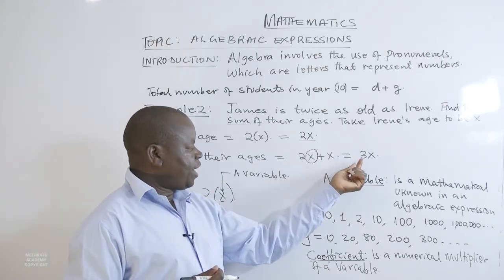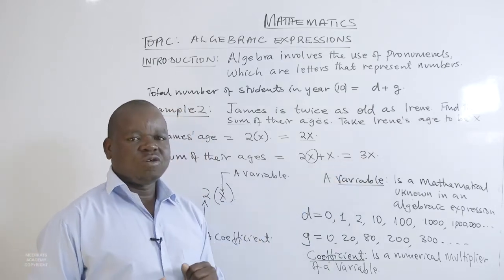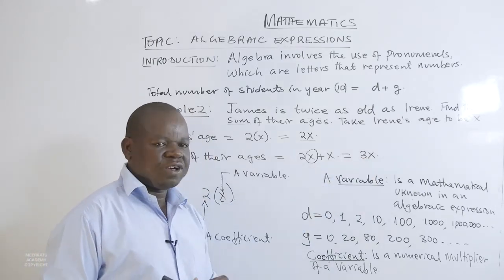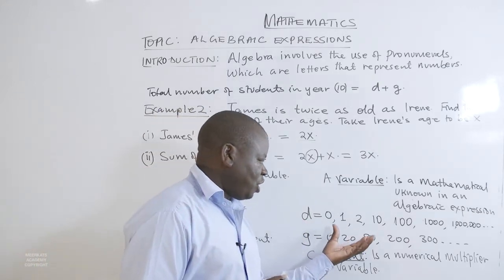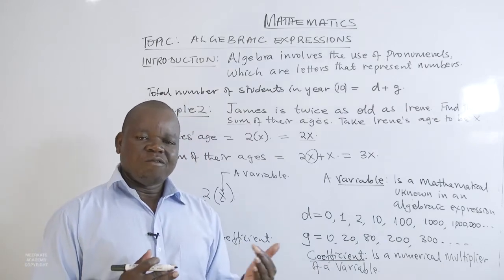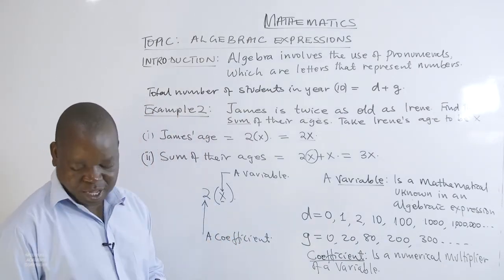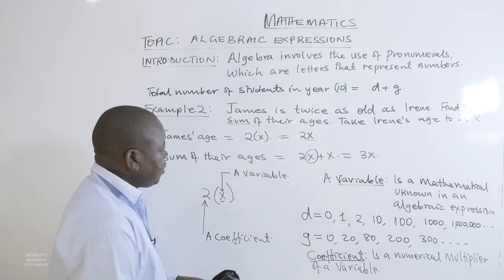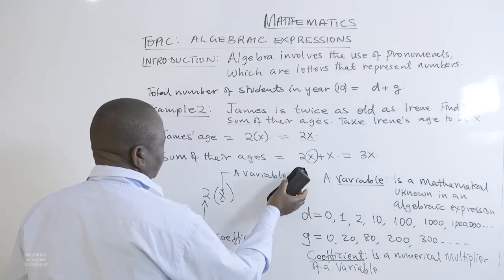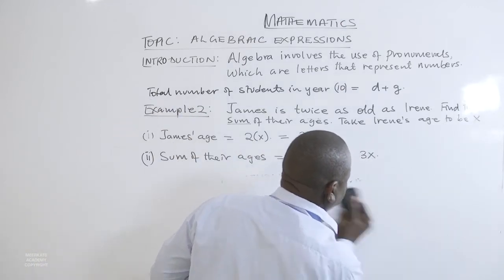When we have 3x, then 3 becomes the coefficient of x, where x is a variable. Are we together? I hope that is clear. From today, when I refer to a variable and a coefficient, you know what I mean. So class, let's now look at examples of the same problem.